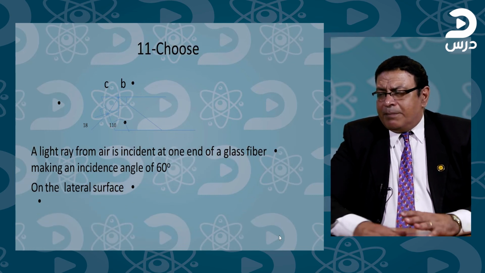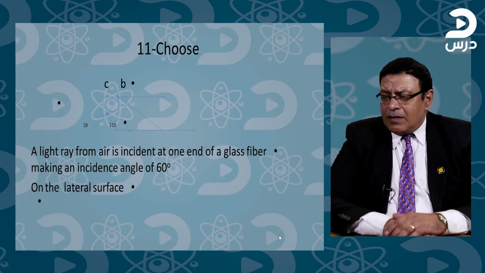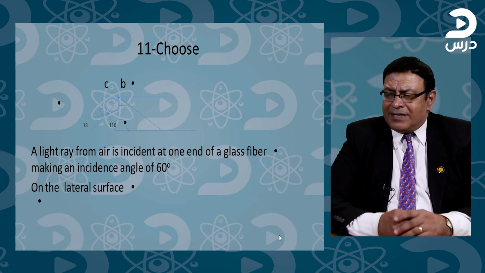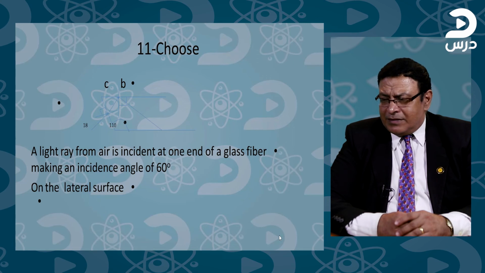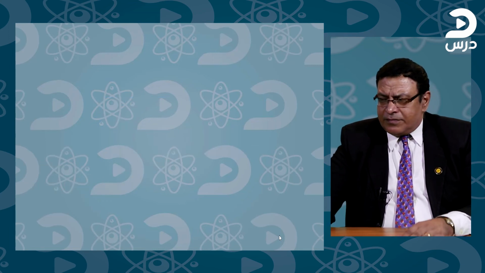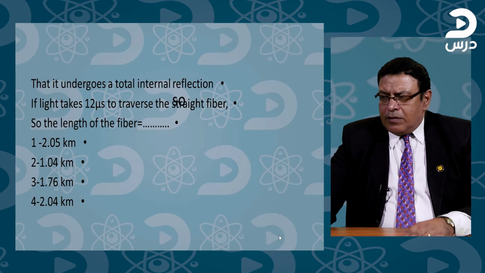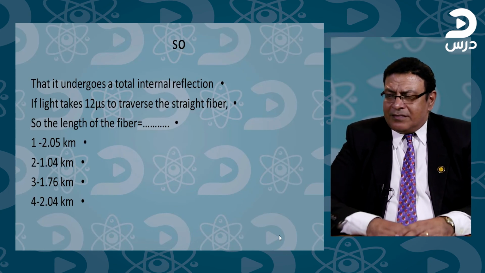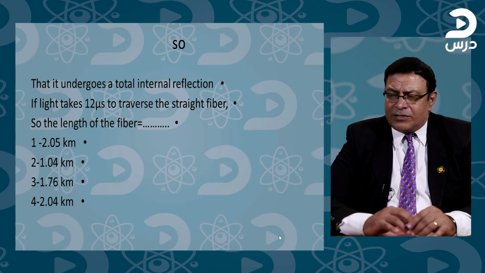Problem number 11. A light ray from air is incident at one end of a glass fiber, making an incident angle of 60 degrees on the latter surface, so that it undergoes total internal reflections.